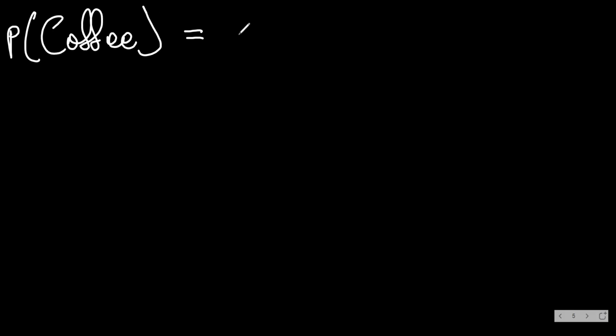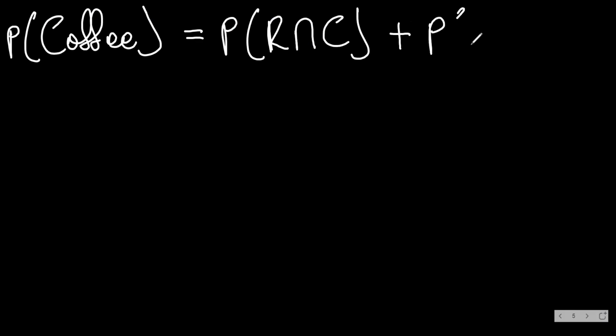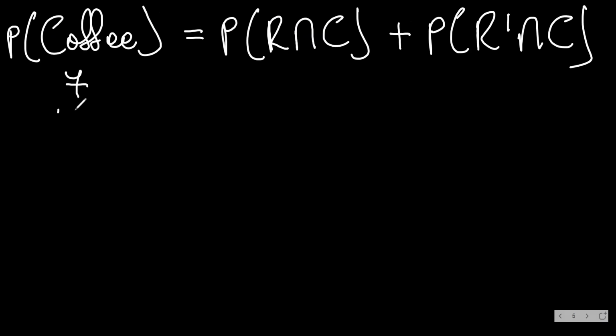So we don't need to write a formula, no. But the probability that the person buys coffee, I'll just say the probability of coffee equals what? Equals the probability that it's raining and the person buys coffee plus the probability that it is not raining, but the person still buys coffee. Now this one is 7 out of 12. It's given to us.